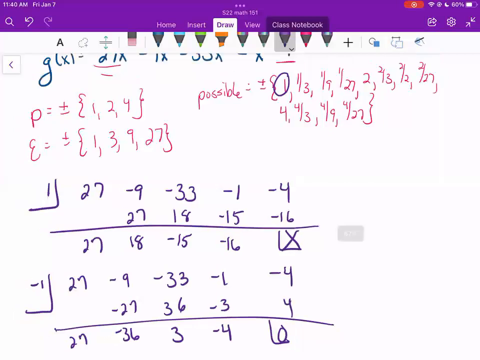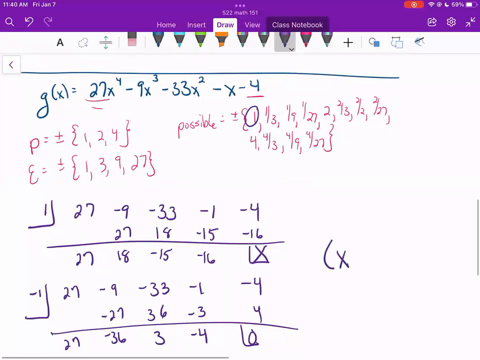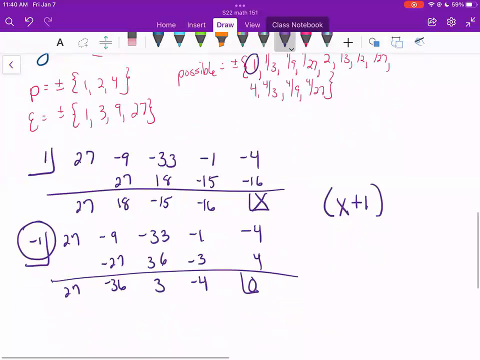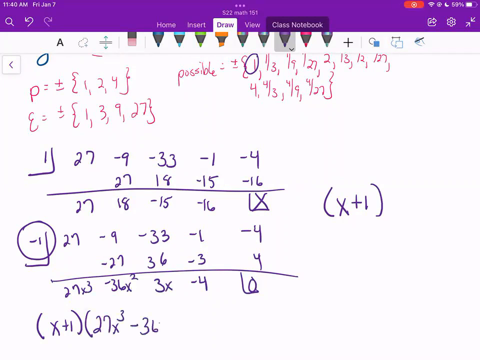So now I know one of my factors is x plus 1 because -1 is a solution. I can therefore now write this as x plus 1 times 27x cubed minus 36x squared plus 3x minus 4, dropping my degree by 1.